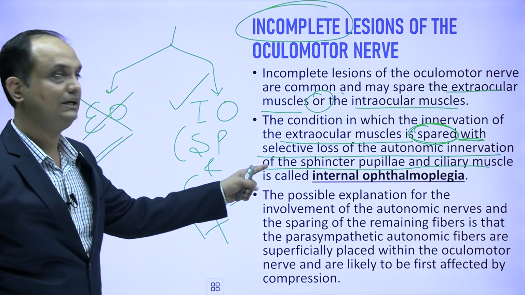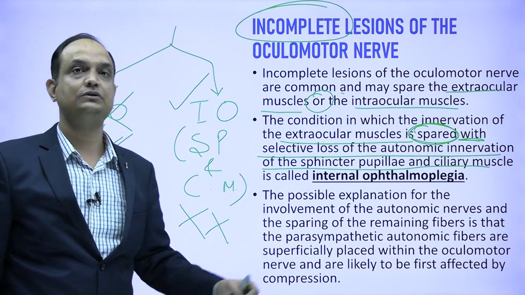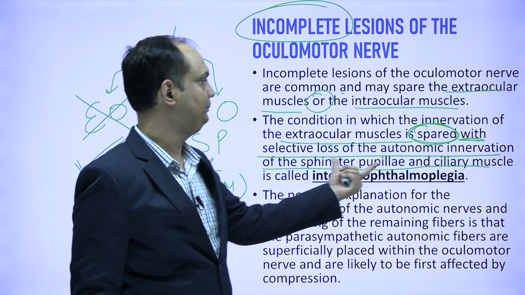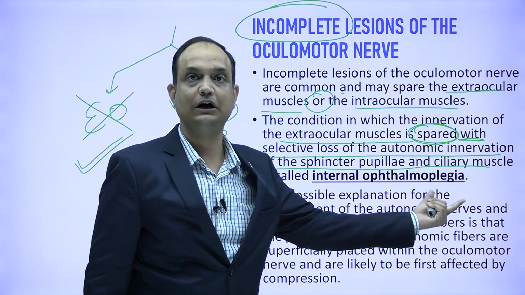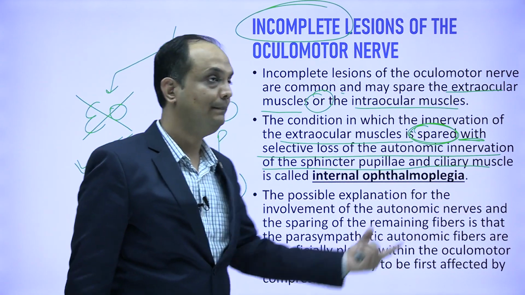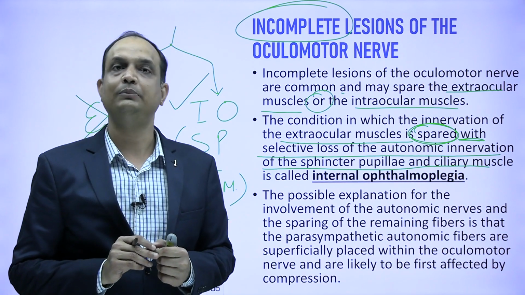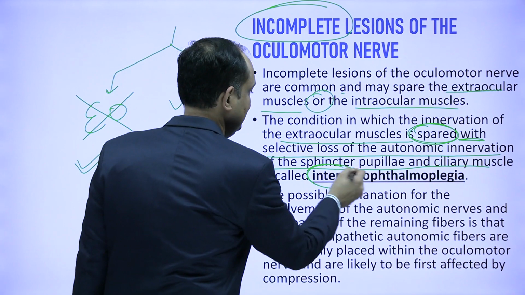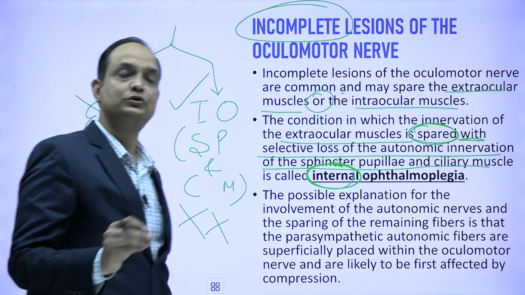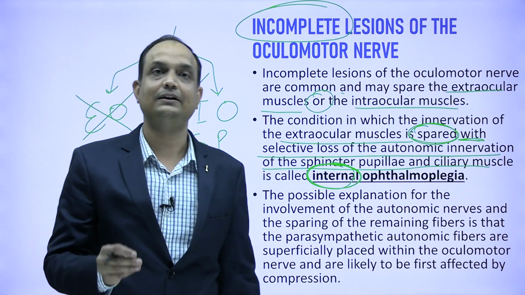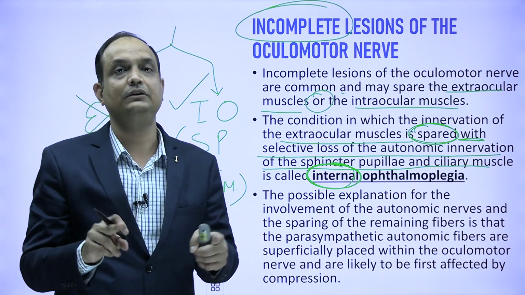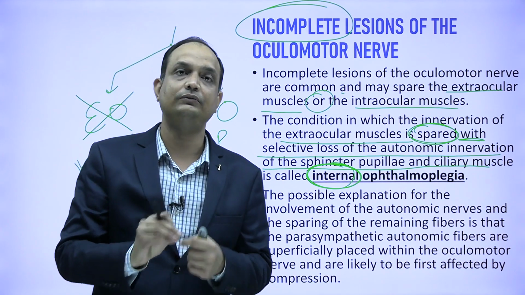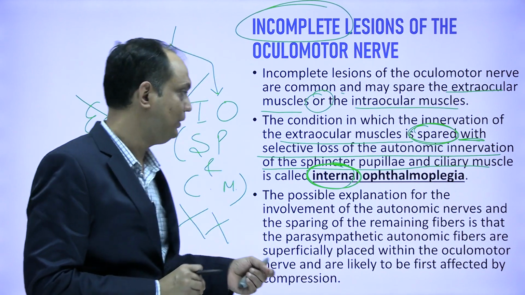Here you can see that the patient is not able to respond to light. Why? Because the sphincter pupillae is not working, and the accommodation reflex is lost, but the movements of the eyeball are normal. This is known as internal ophthalmoplegia. And what is the most common cause? I told you that the parasympathetic fibers are present on the periphery of the nerve, and the most common cause is an aneurysm of the artery present in the proximity.